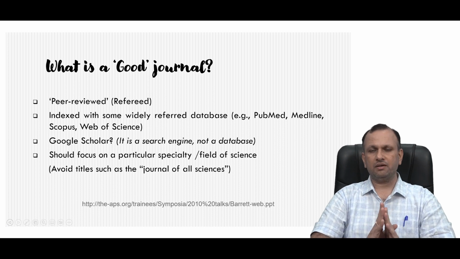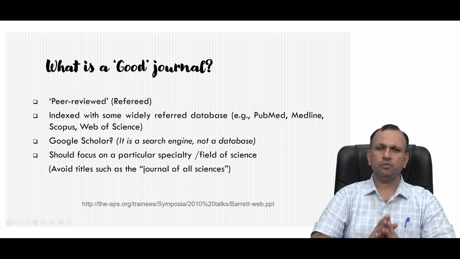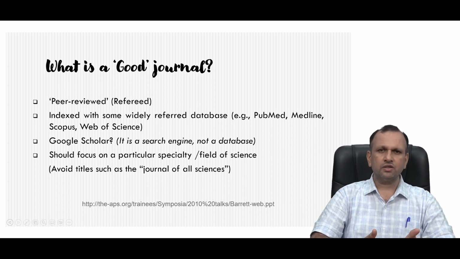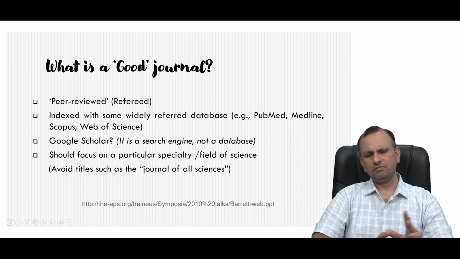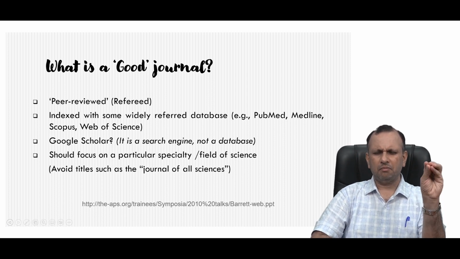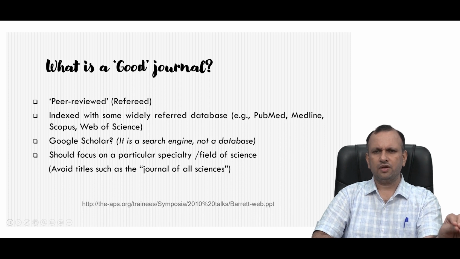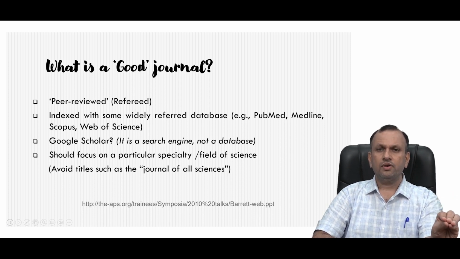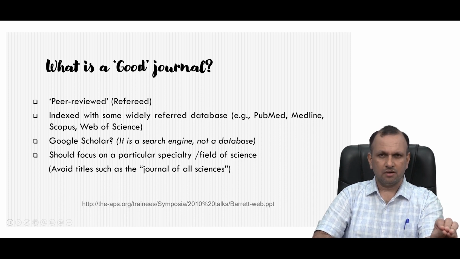A researcher, scientist, or academician should be able to identify the right journal for his or her research to be published. So these are some of the very basic essentials to identify that a journal could be of good quality or an appropriate one for submitting your results.